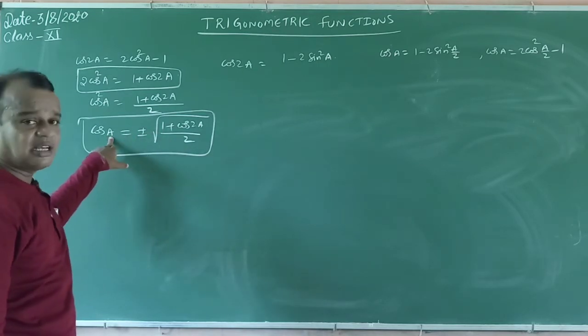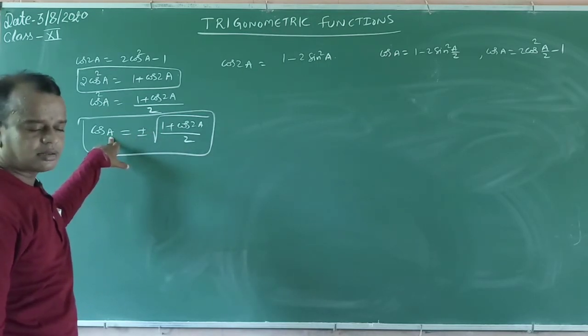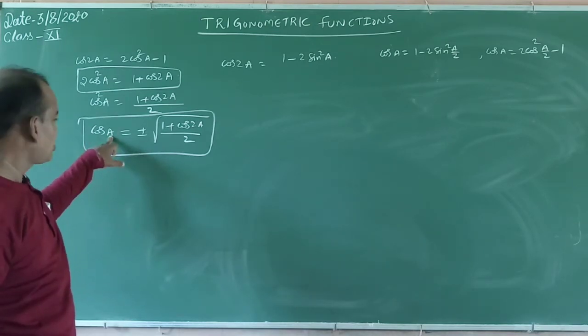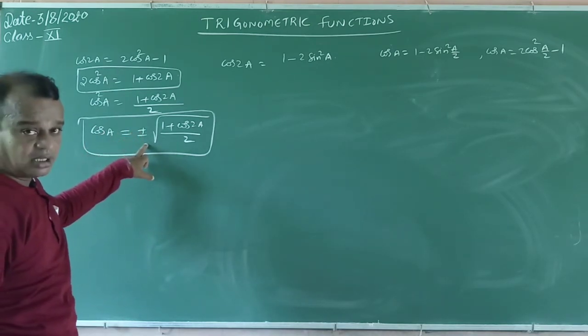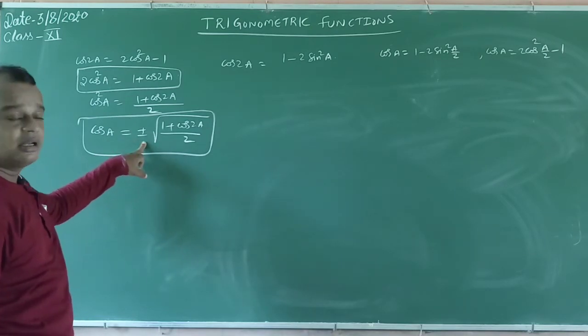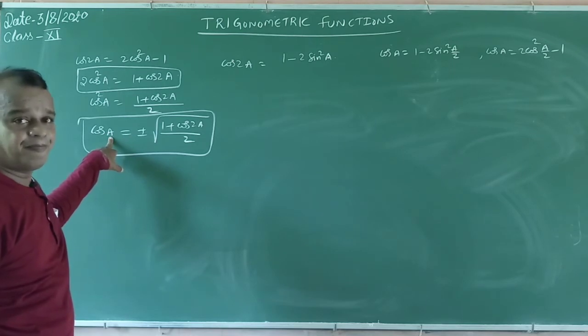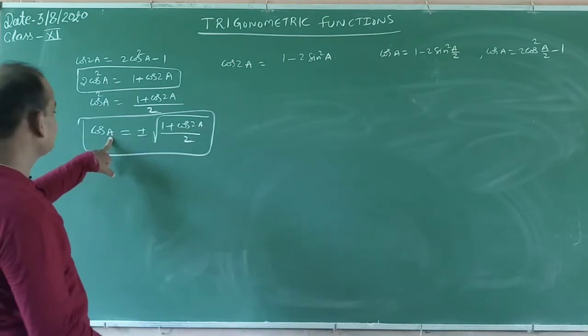If the angle lies in the third and fourth, cos is negative. First and fourth, cos positive. Second and third, cos negative. Plus or minus depends on the angle A.